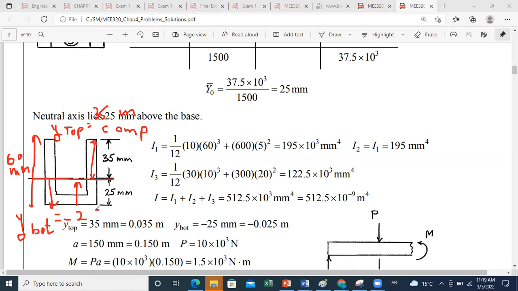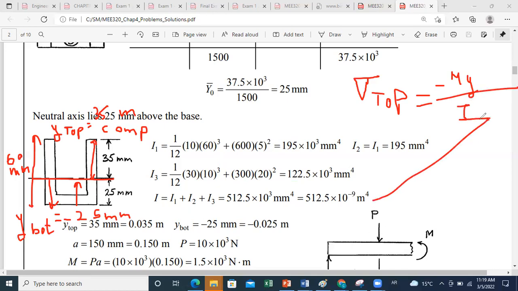So we just have to replace into the formula. The formula is, first, sigma top is equal to minus M times y over I. I is already calculated here.